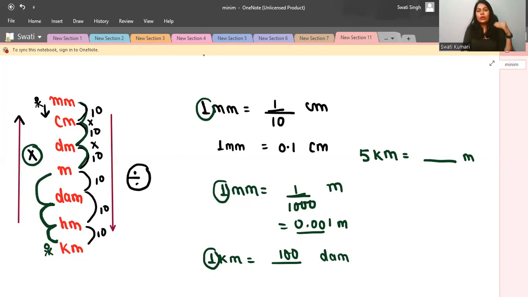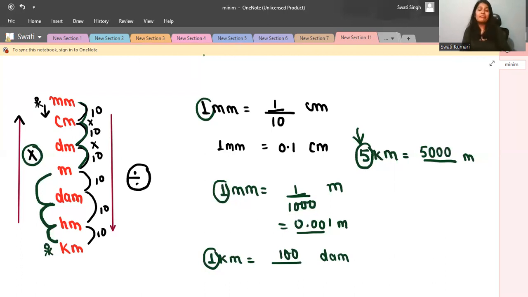So you are going above again. If you are going above, you have to multiply by 1000. But since we have 5, you will do 5 into 1000, which will become 5000 meter.